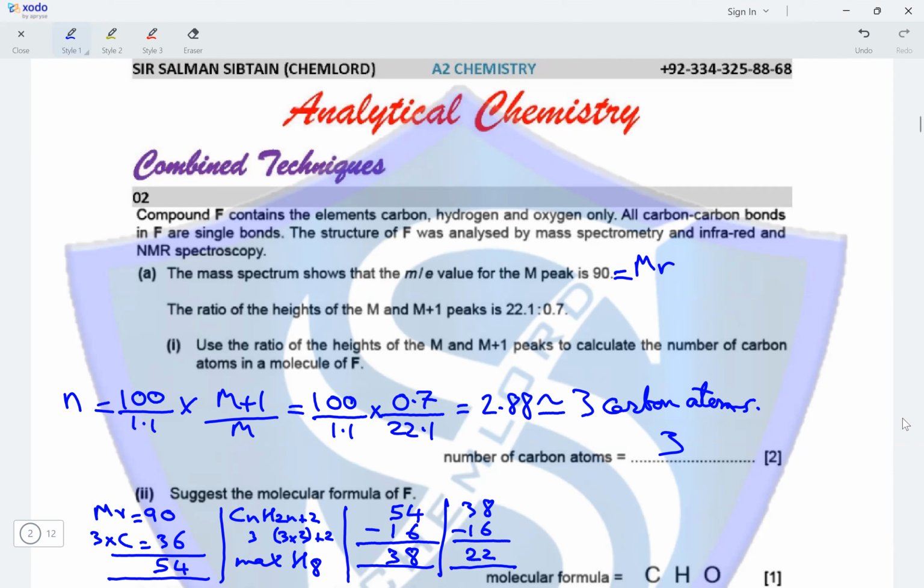The maximum number of hydrogen we can have is 8. So that is also not possible. So if we remove another oxygen from 22, we're left with 6, which is less than 8, which is very much possible. So we end up with 3 carbon, 6 hydrogen, and 3 oxygen because we remove 3 oxygen. So the molecular formula of our compound F would be C3H6O3.